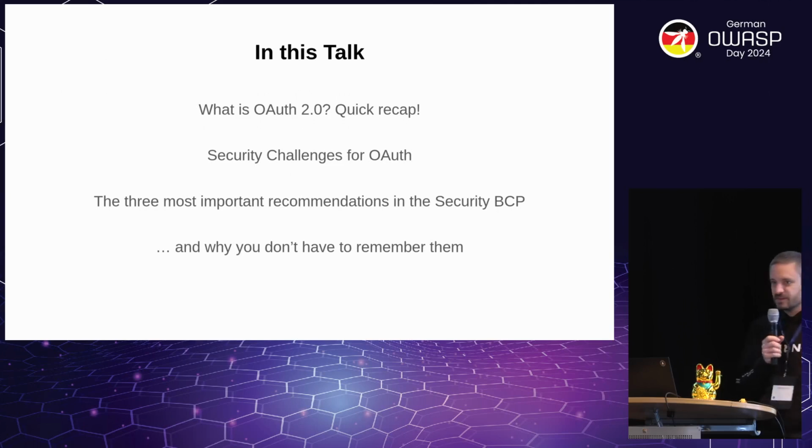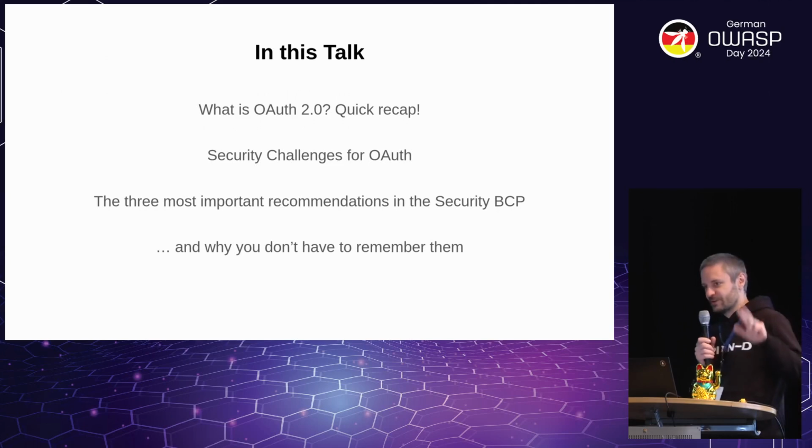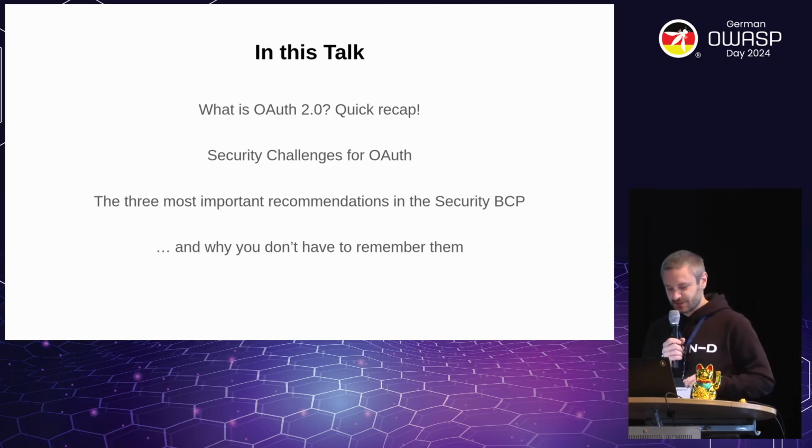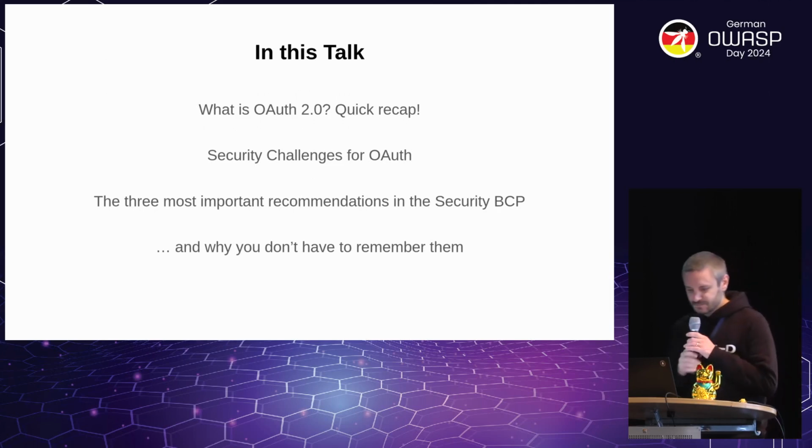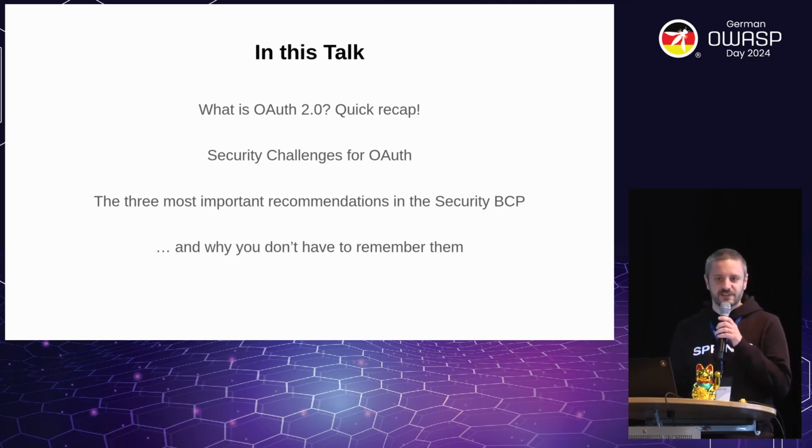There are more in there, but I want to talk about 3 so that hopefully you can remember them once you touch OAuth the next time. And then I will tell you why you don't have to remember them, because some people have already done the work for you. You don't have to read the security BCP every single time that you implement OAuth.